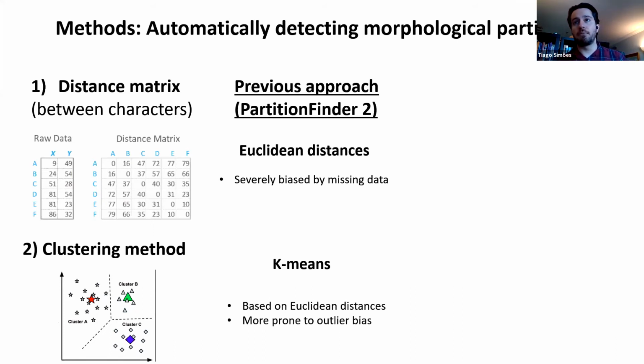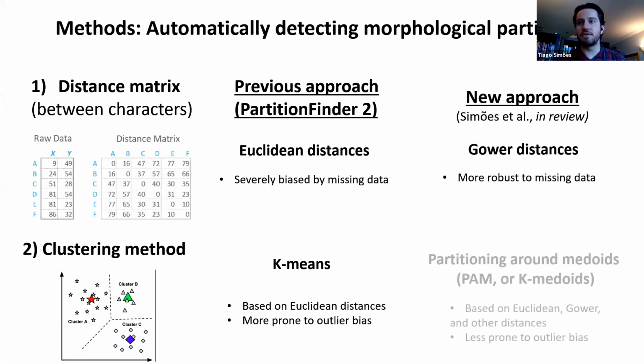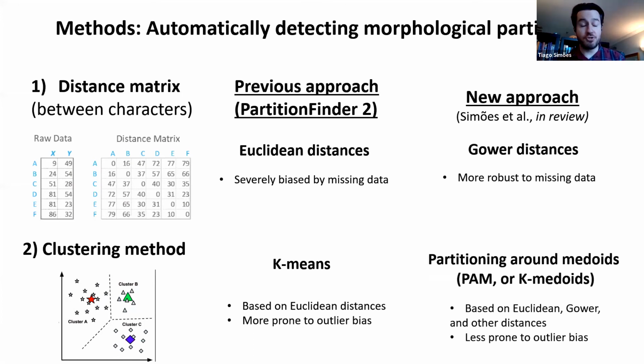So I'm creating a new protocol in which we use Gower distances to estimate this distance matrix, which is considerably more robust to missing data than Euclidean distances, and partitioning around medoids as our clustering algorithm, which enables not only Euclidean distances but also the Gower distances that we're measuring here, and is less prone to outlier biases.